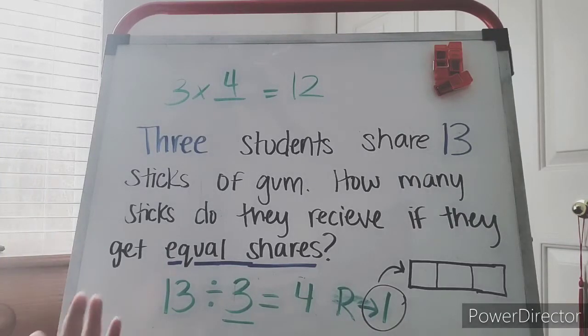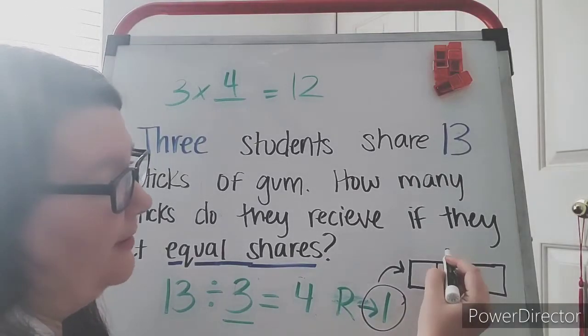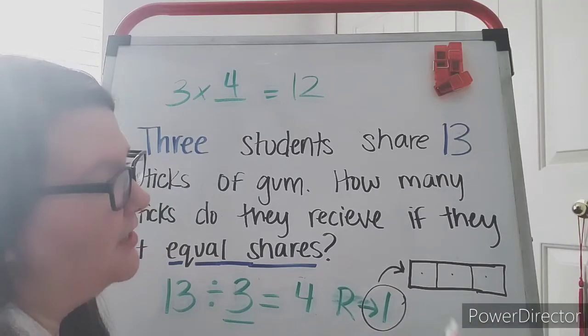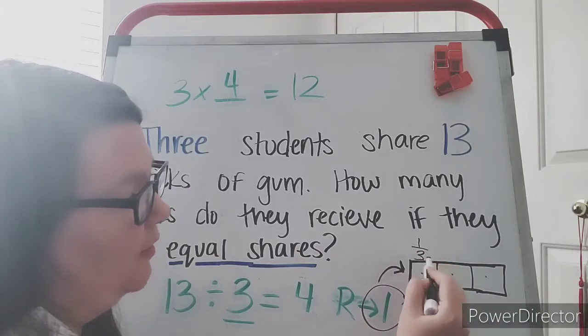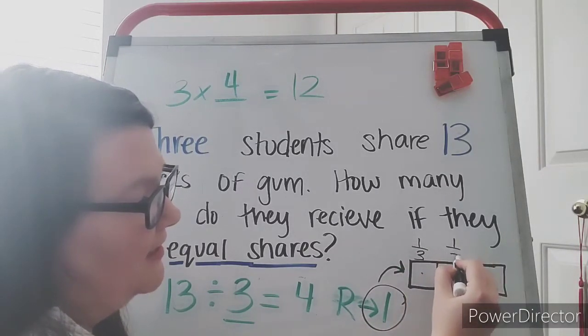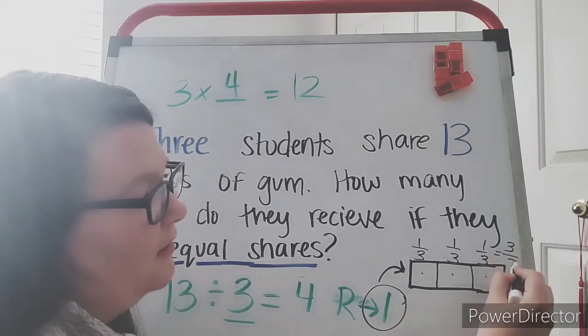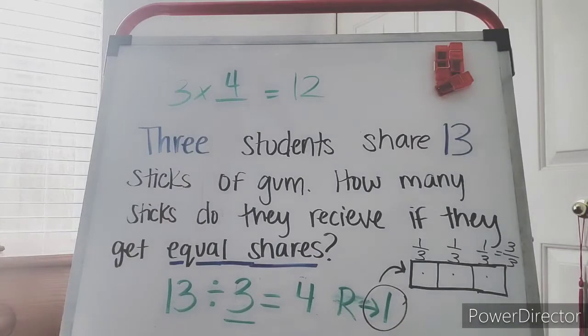And now each piece is going to be given to 1 student, right? So altogether there are 3 pieces. 1, 2, 3. So this piece is going to be considered 1/3. This piece is 1/3, and this piece is 1/3, to equal 3/3, which is a whole, which is 1 piece of gum.